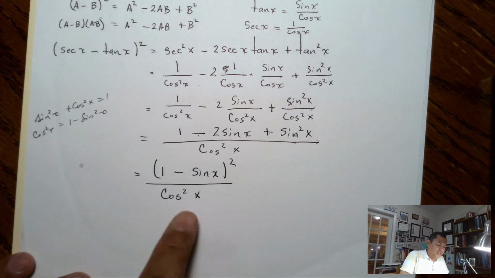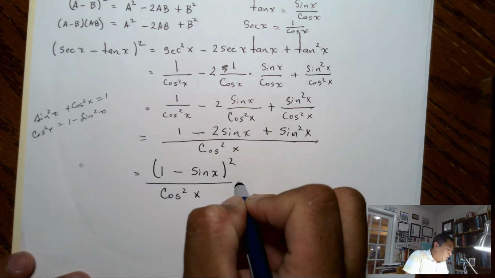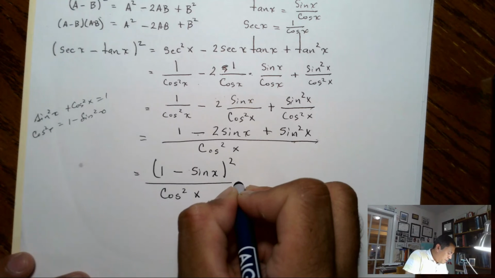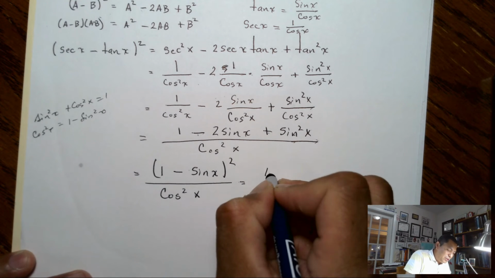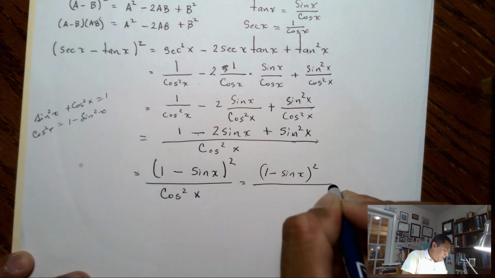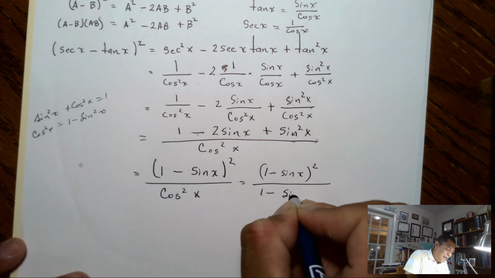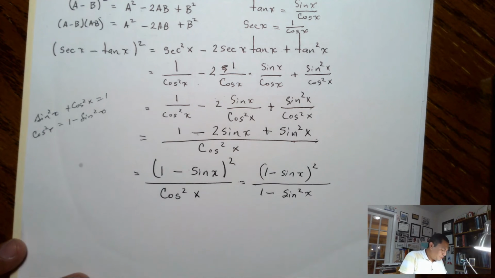So I'm going to change this to (1 minus sine of x) squared over 1 minus sine squared of x.